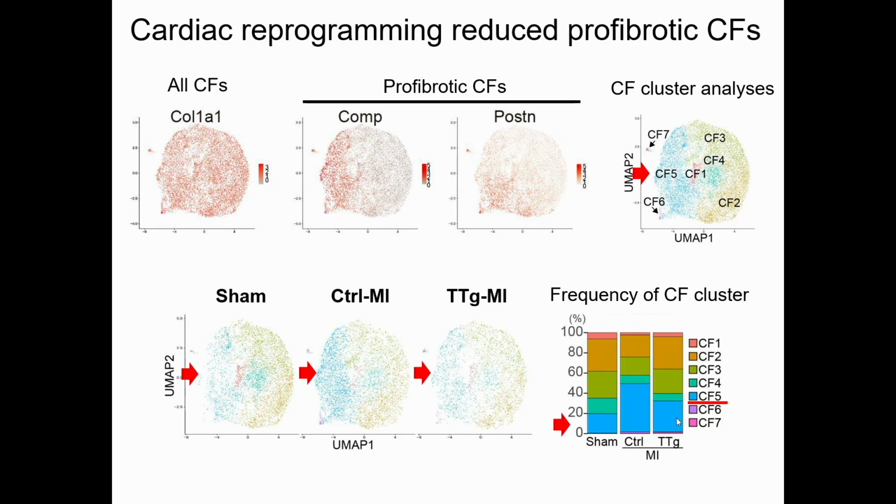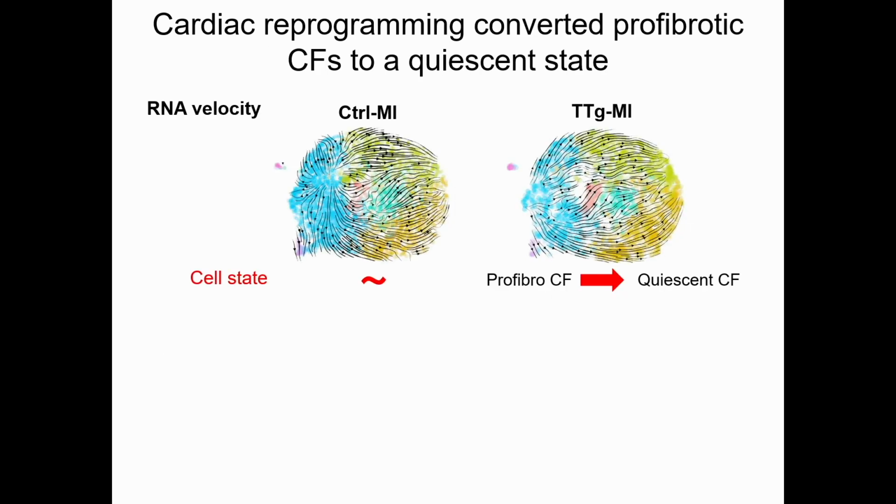So these results suggested that cardiac reprogramming can change the fibroblast cell state. Next question is why and how cardiac reprogramming can change CF cell state. To determine this, we analyzed RNA velocity, as shown here.